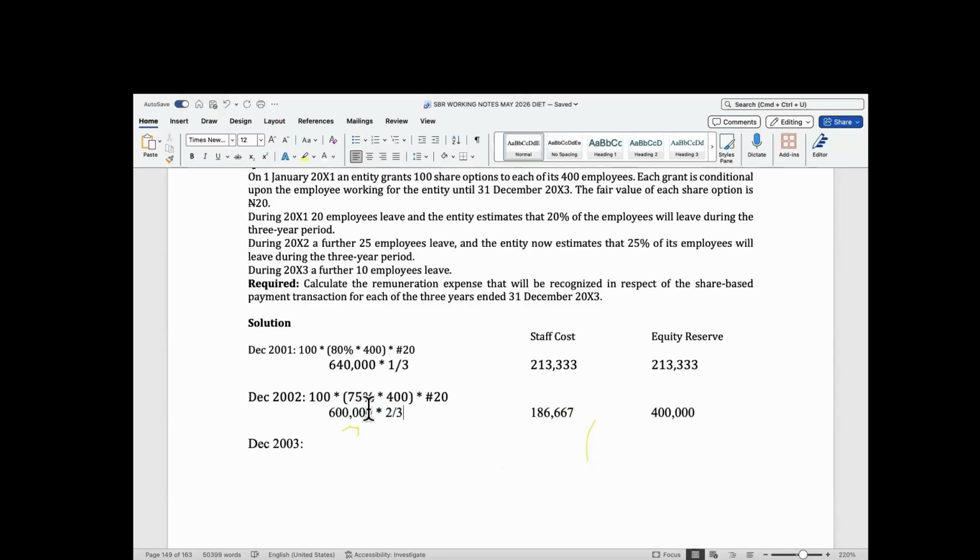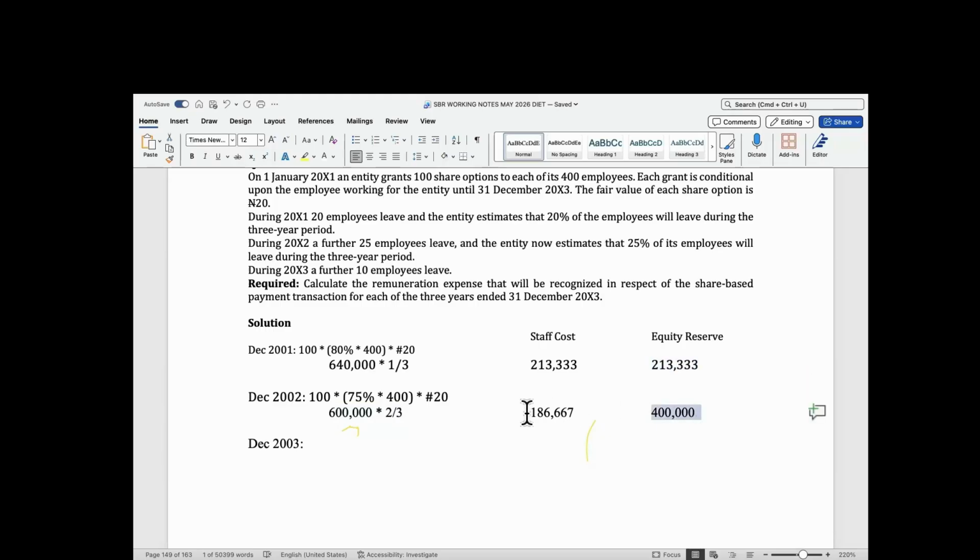We are trying to get the value of the option as at date, meaning cumulatively for year 1 and year 2. That's what this 400,000 represents. This is the reserve, what the employees are due as at the end of 2002. So it's cumulative; the 213 reserve as at last year is inside this 400.